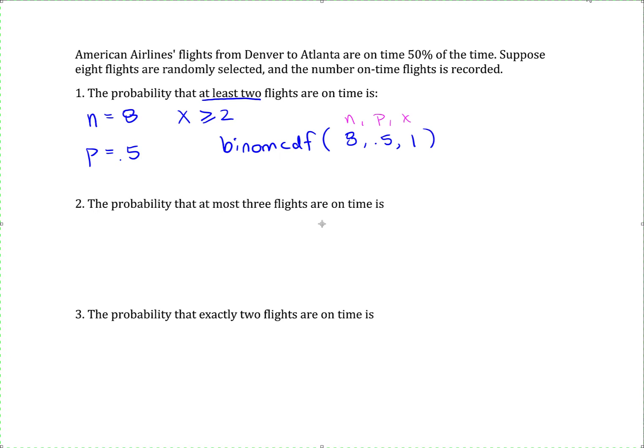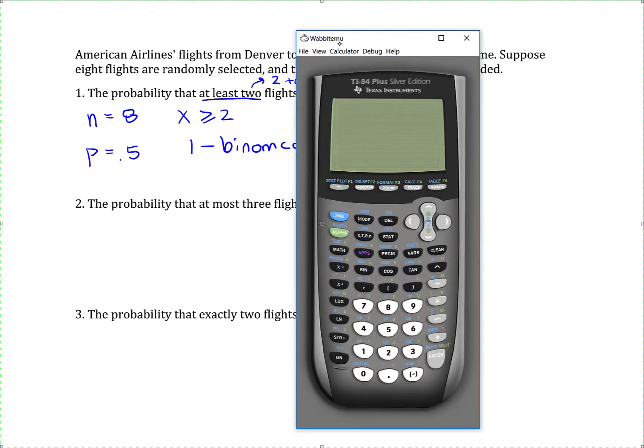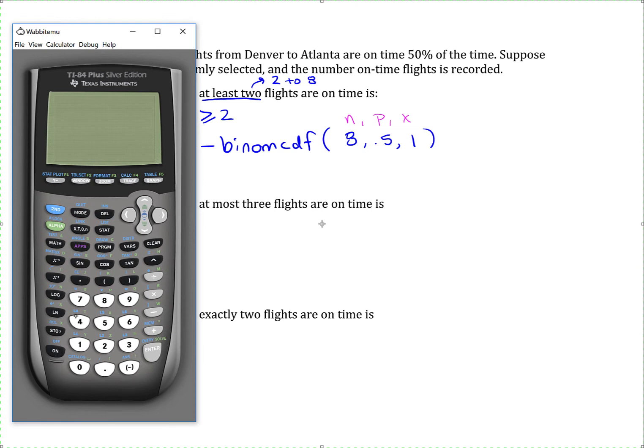So if you think about this, for at least 2, the outcomes that we would have here would be 2 to 8. So I want to do the computation for 0 and 1, which is the complement of 2 to 8, and then subtract that result from 1. So the answer here is going to be the sum from 2 to 8. So let's give it a try.